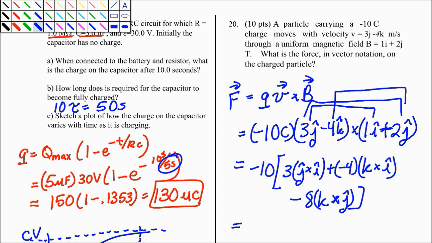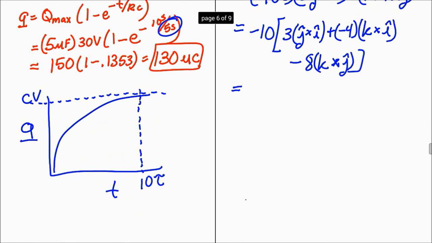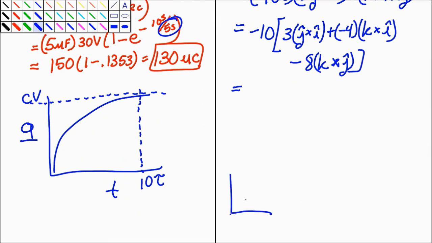Okay, now I want to find out what these cross products are. I always like to draw my coordinate system. This is I, J, and K. And then I can do my right-hand rule to figure out these. So J cross I is in the negative K, so I have negative 10 times negative 3K. K cross I, K and I is plus J, so that's minus 4J.